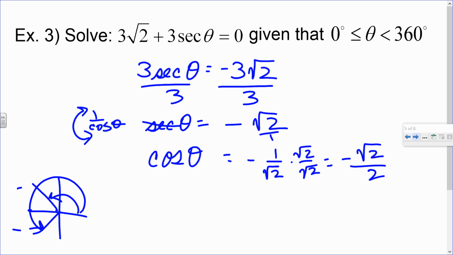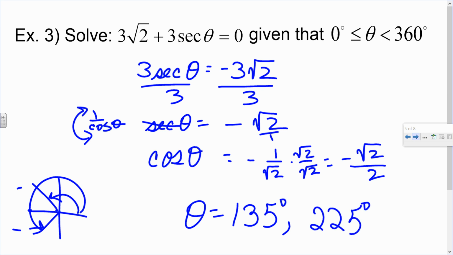I'm at the 45 spots in the second and third quadrant. So 135 degrees is one of them. So 180 plus 45 more is going to be 225 degrees.